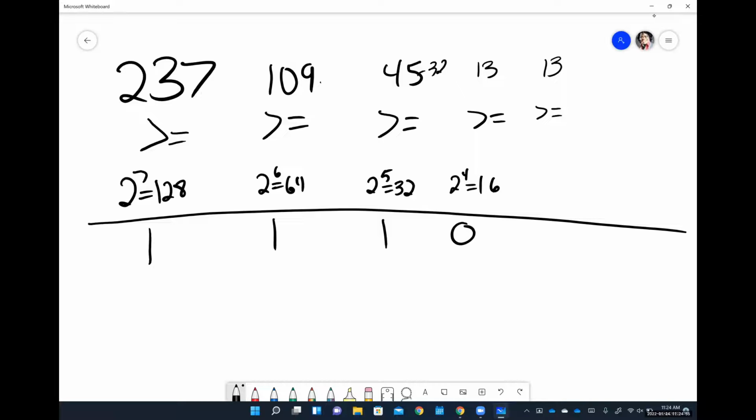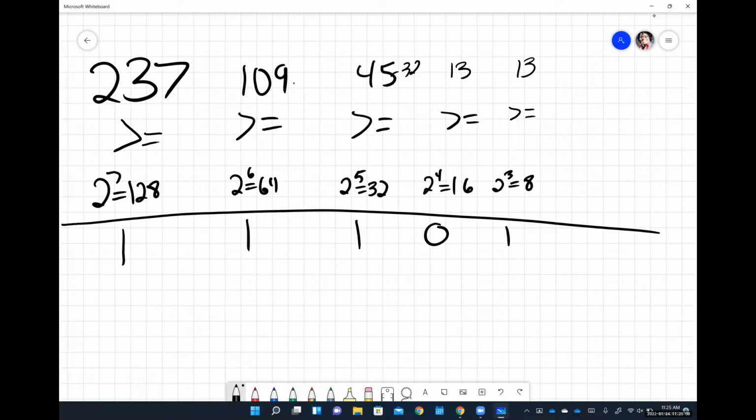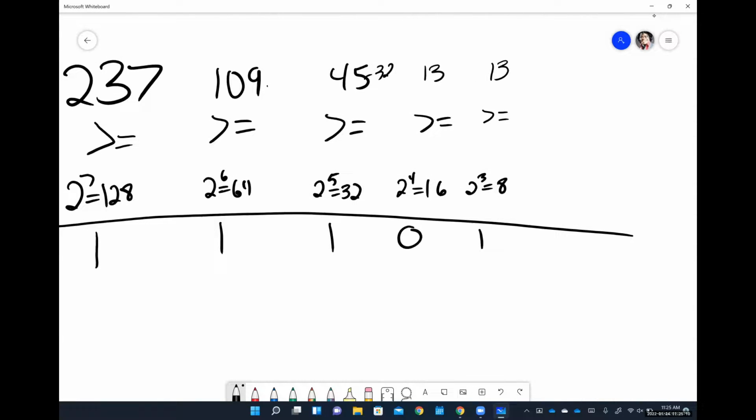Greater than or equal to 2 to the 3, 8? Yes. It's always funny when you're writing on a whiteboard, you start off so big and then towards the end you have to write really small. So I'm going to drag this over a little bit. Subtract 8. We got 5.